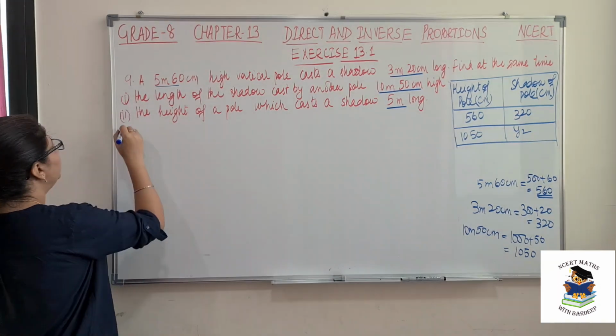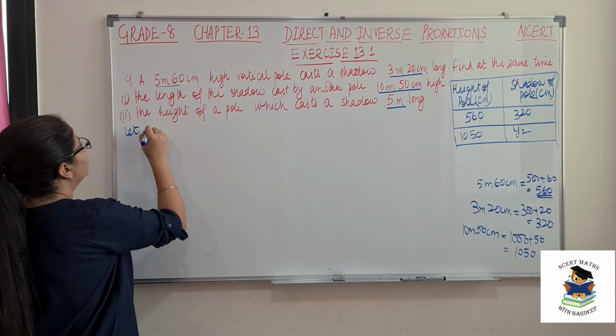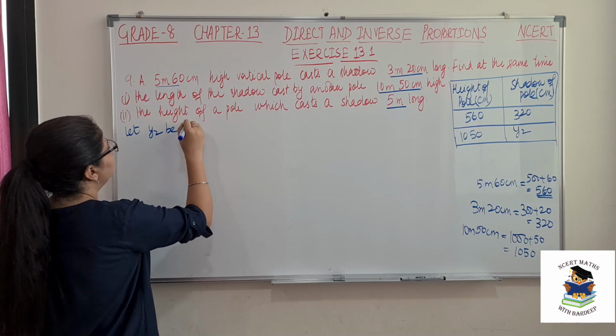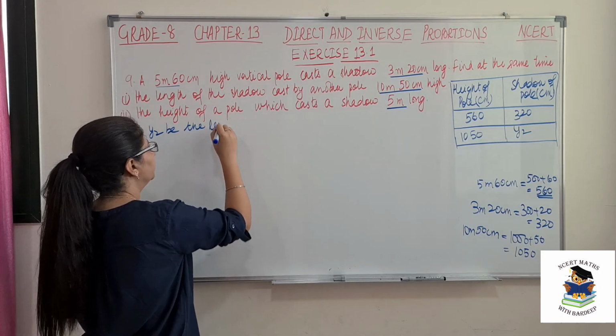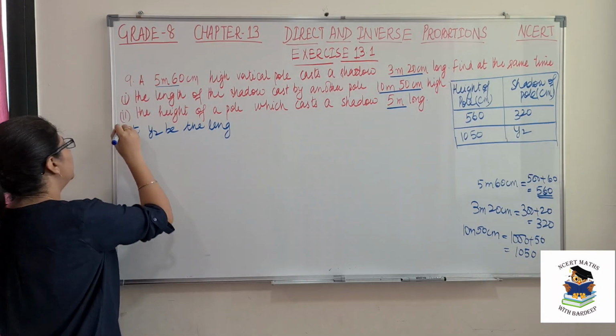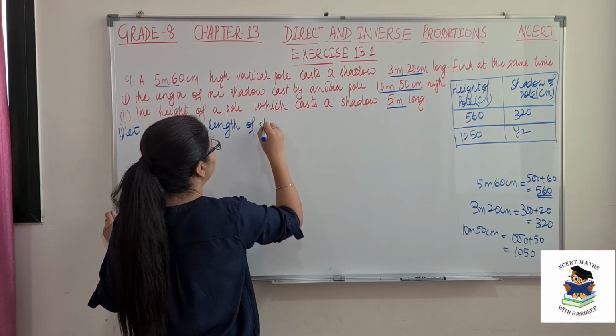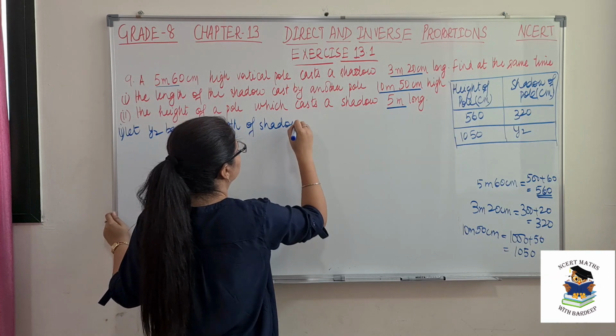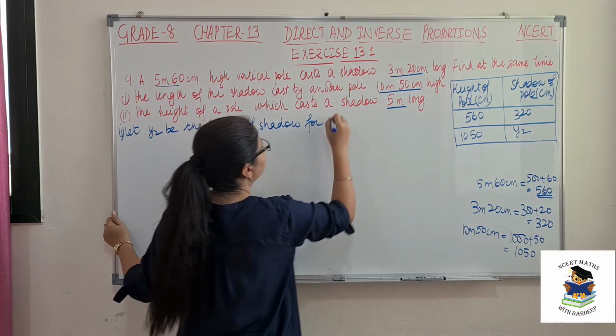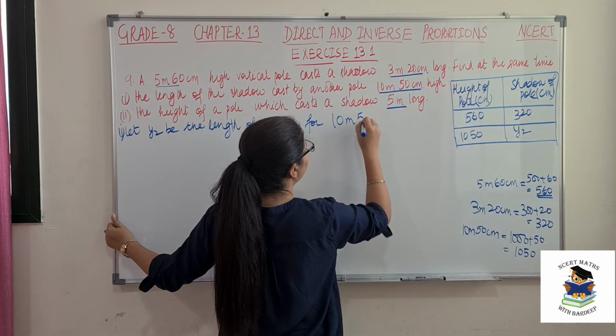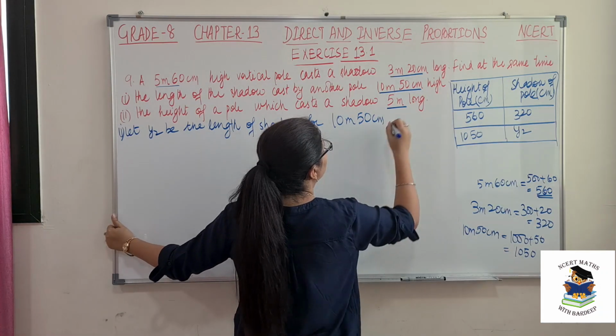Right. So put the values in the formula of direct proportion and find the answer. So here let y2 be the length of shadow. This is our first part. Length of shadow for the 10 meter and 50 centimeter high pole.